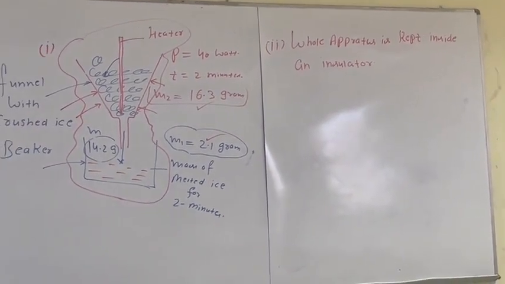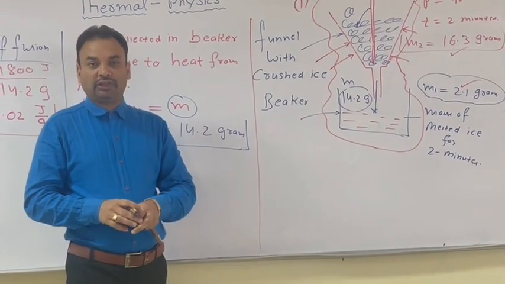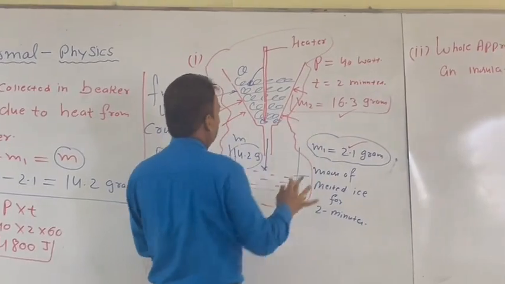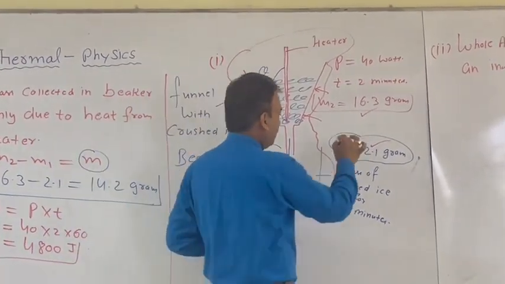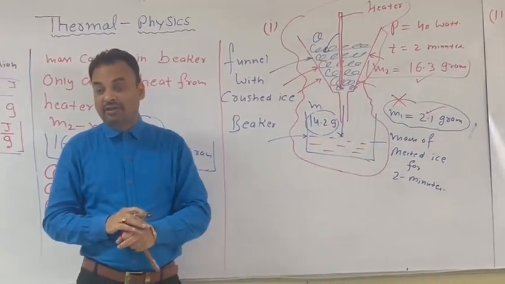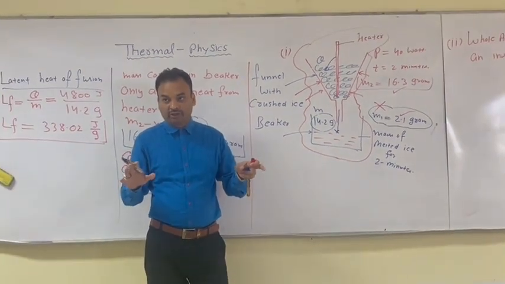If we place the whole apparatus inside the insulator, then the effect of the surrounding will be cancelled, right? So the surrounding will not do anything to this melted ice. So M1 will be cancelled, right? No mass is collected in the beaker due to the surrounding. That will be cancelled because of the insulator, right?